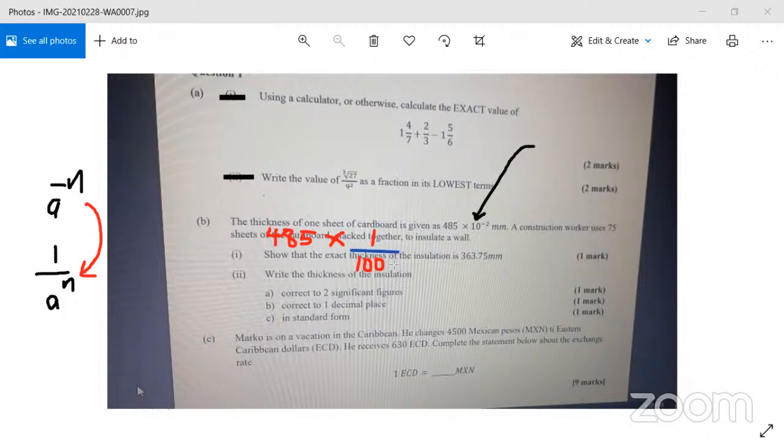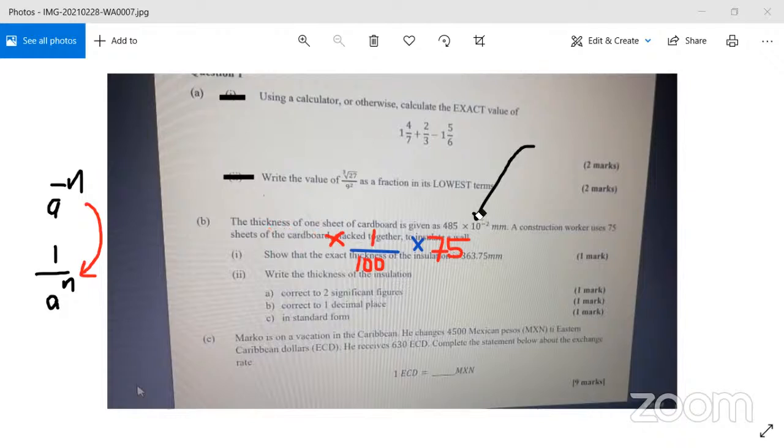Yeah? And then one more thing, it's going to be multiplied by 75. Now, why would we need to do that?